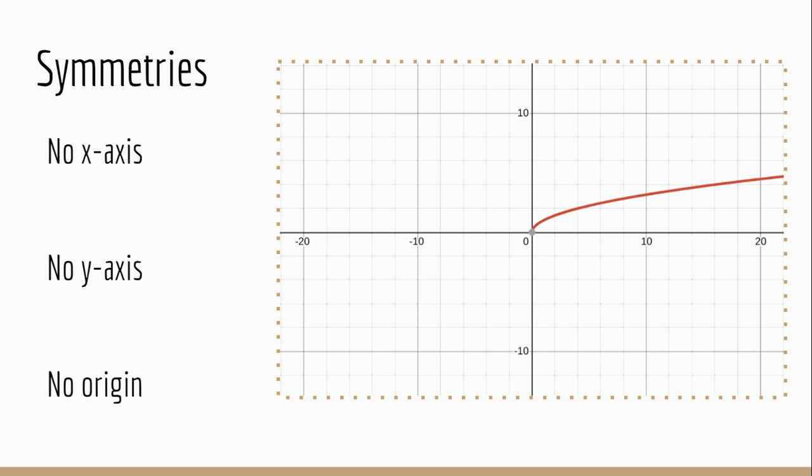There are no symmetries because if you were to do the folding graph test, there wouldn't be anything that would fold over itself and equal each other.